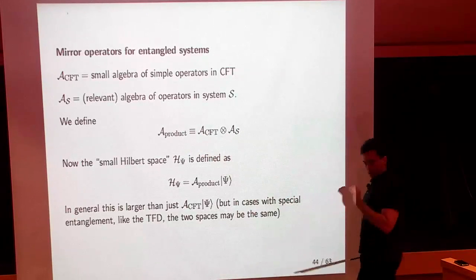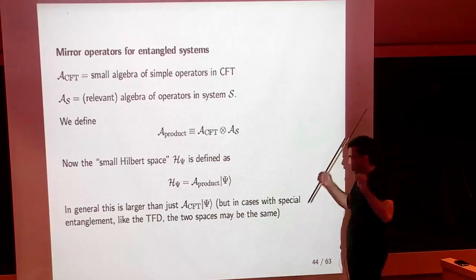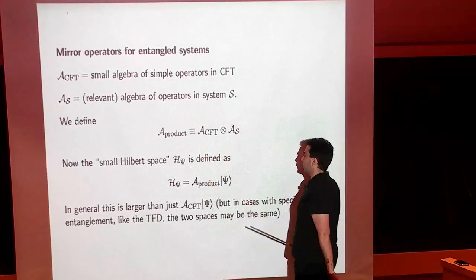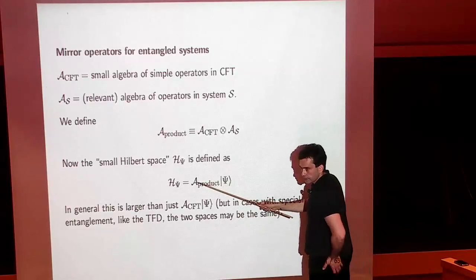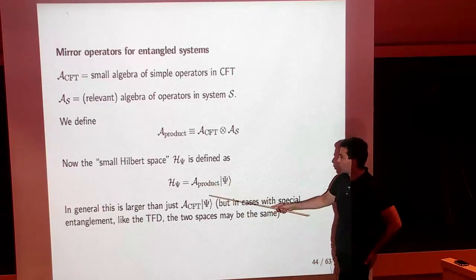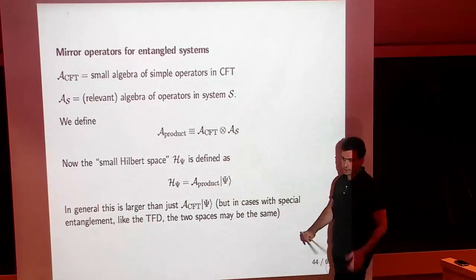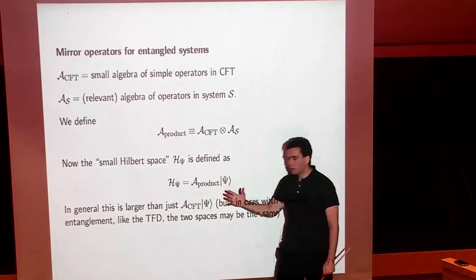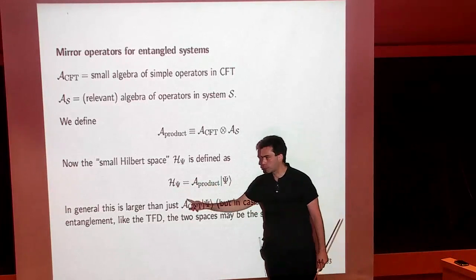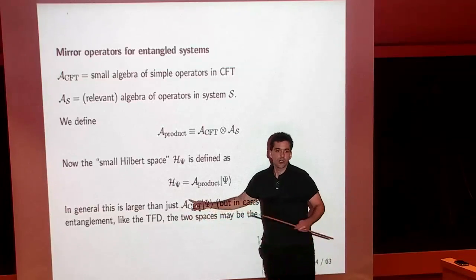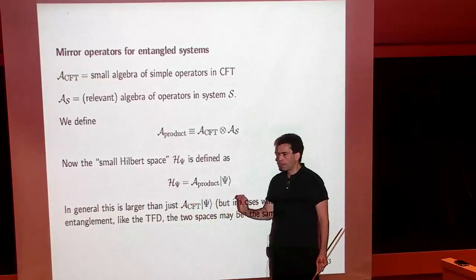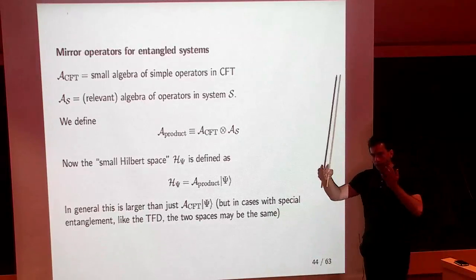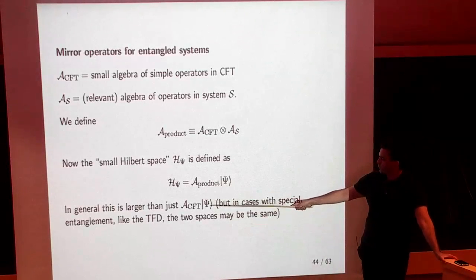For now, what we call the small Hilbert space, on which we will define the interior effective theory, is defined as the span of states that you get by acting on psi with all possible operators, either from the CFT or from the other system. Now, this space may or may not be larger than the space that you get by acting just with operators from the CFT. For example, in the thermofield state, because the entanglement is so special, these two spaces are the same.